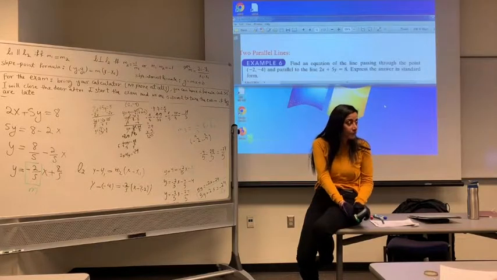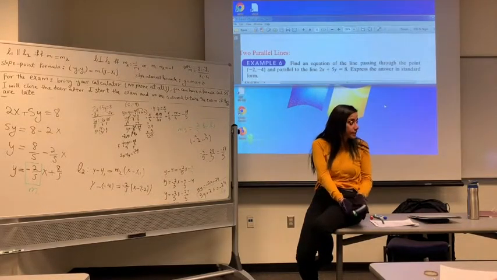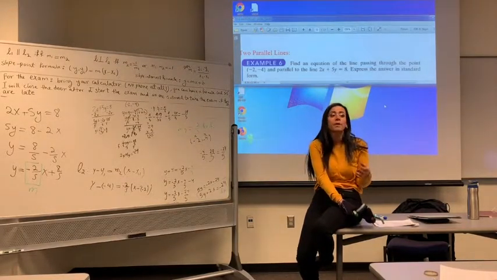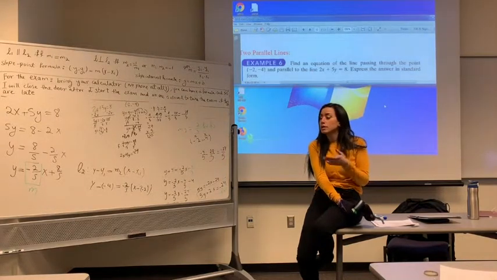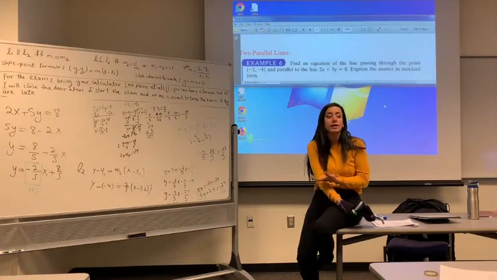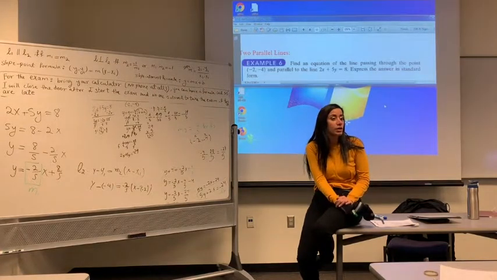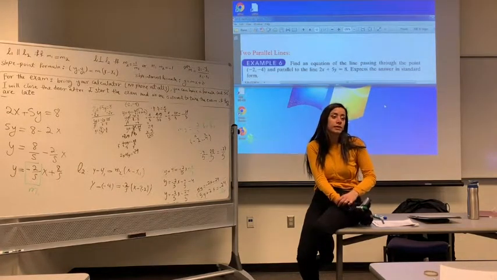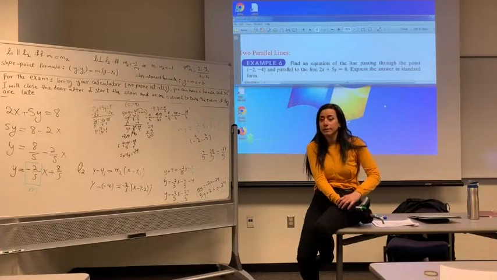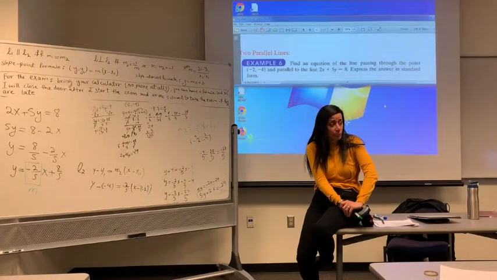Found the slope for the first line, and then we said the second line will have the same slope. For the second line we have the slope, we have the point. Use the slope point formula, make an equation for the second line, right? Is that correct? Do you have any question?